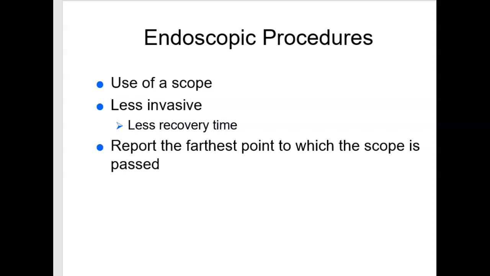You're only going to use one code because the repair of the sinus includes the diagnostic portion. If you coded both, it would be unbundling. So again, you just want to code that one procedure.